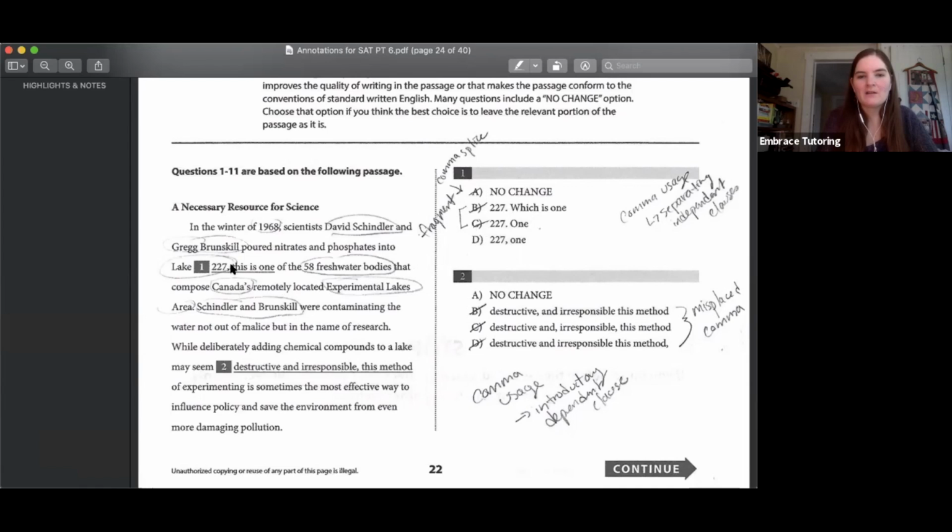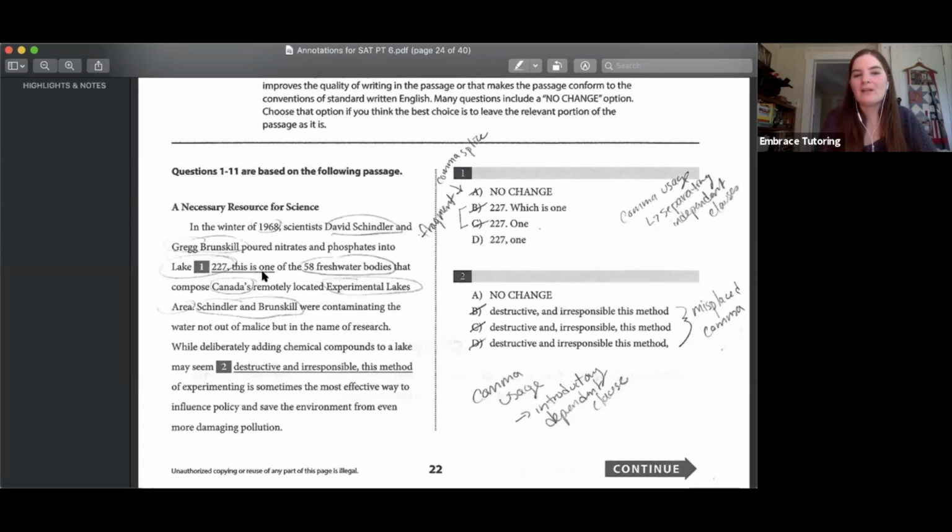And that's because we're taking out the this and this is. So we're making it a continuation of the sentence rather than two separate sentences. In the winter of 1968, scientists David Schindler and Greg Brunskill poured nitrates and phosphates into Lake 227, one of the 58 freshwater bodies that compose Canada's remotely located experimental lakes area.